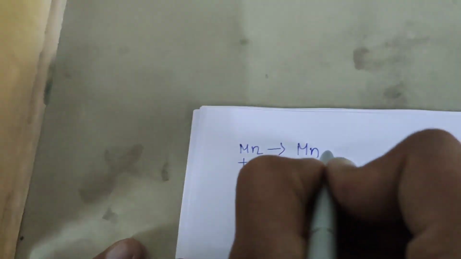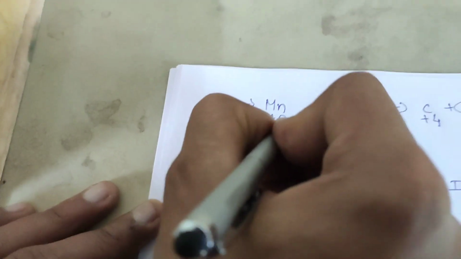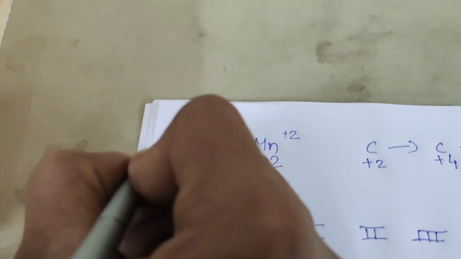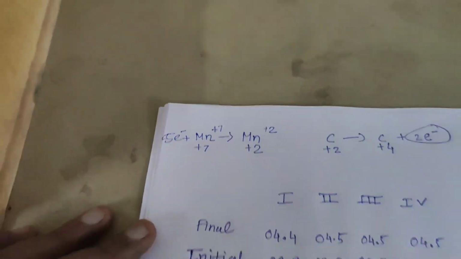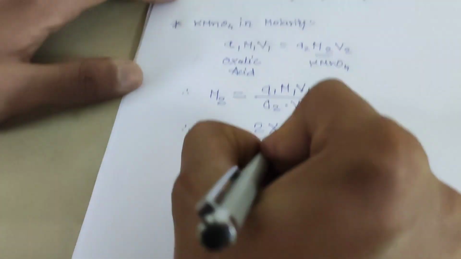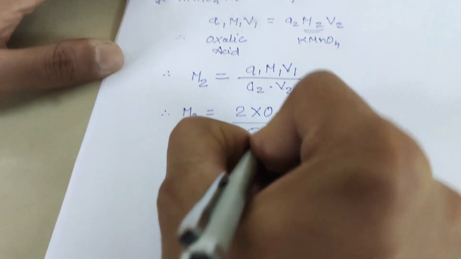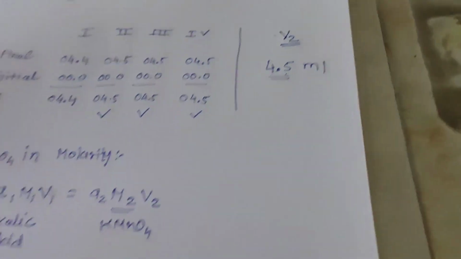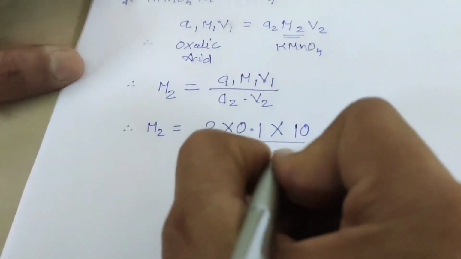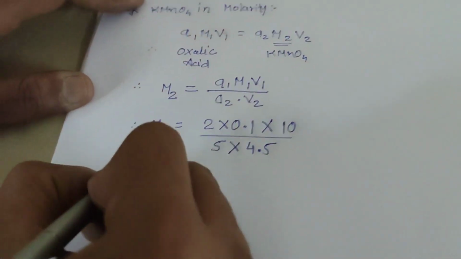You can understand that Mn in the KMnO4 is +7, converted to MnSO4, which is +2. That means Mn +7 to Mn +2. It is gaining 5 electrons, right? So A2 will be equal to 5, and V2. What is the value of V2? Volume of KMnO4, it is 4.5 ml.